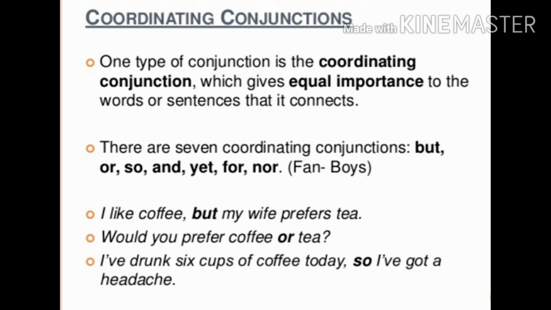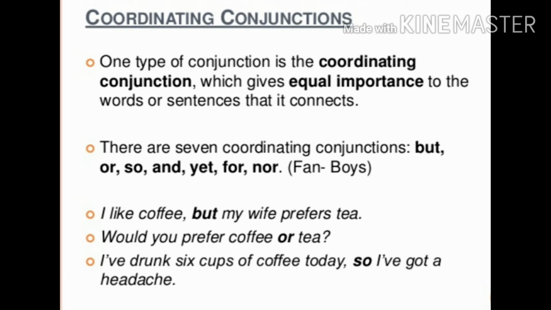It means both the sentences or both the words which are connected by coordinating conjunctions are equally important. There are 7 coordinating conjunctions: but, or, so, and, yet, for, nor. And we can also learn these conjunctions with FANBOYS.